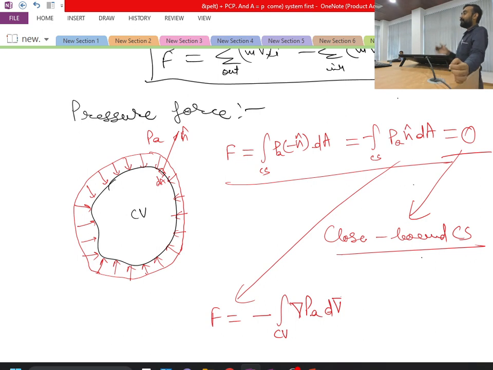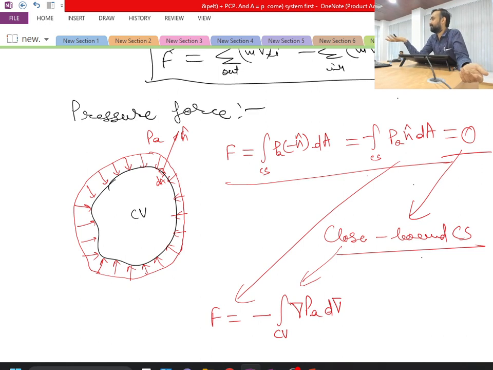So ultimately I can say that this force can be written completely in the form of a volume integral, but the condition is that it should be closed bounded. Of course all control volumes will be closed bounded, because we are defining a control volume around a fluid element, so it will be closed bounded.